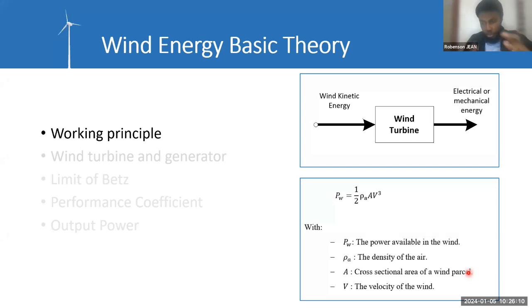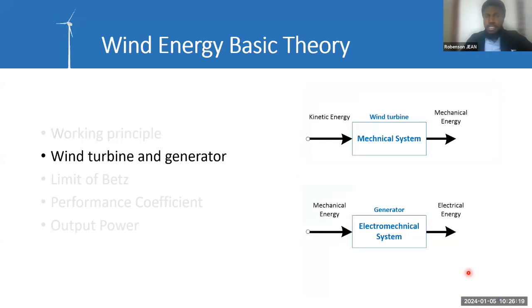So this is how we consider the energy contained in the wind. Let us see what happens. We have to make the difference between the wind turbine and the generator. The wind turbine is the machine that we use in order to convert the kinetic energy into mechanical energy.